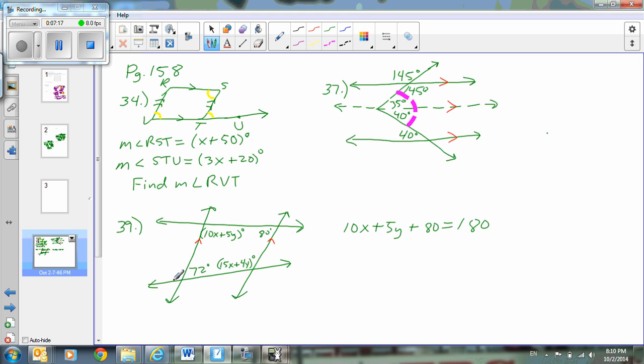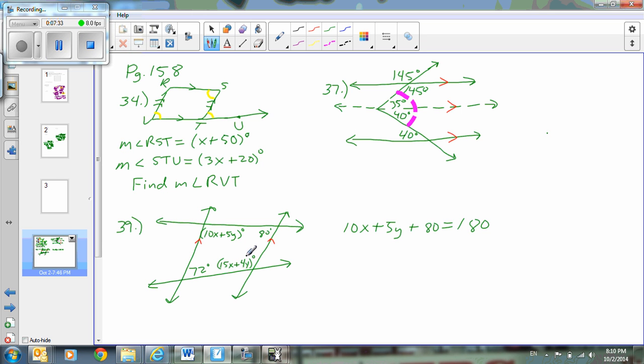Now, take a look at this transversal that's intersecting the same two parallel lines. And the 72 degree angle and the 15x plus 4y degree angle are also same side interior angles, so they would also be supplementary.